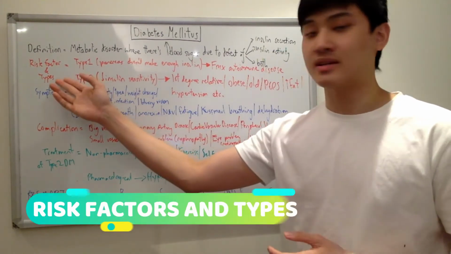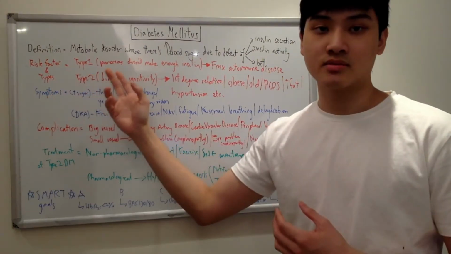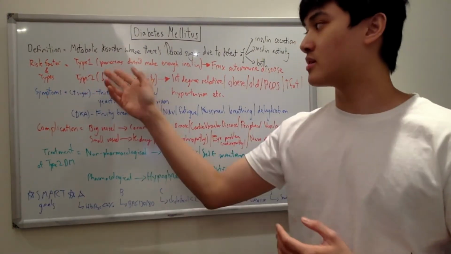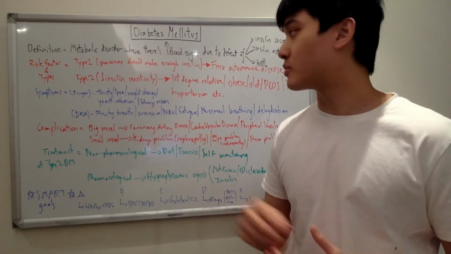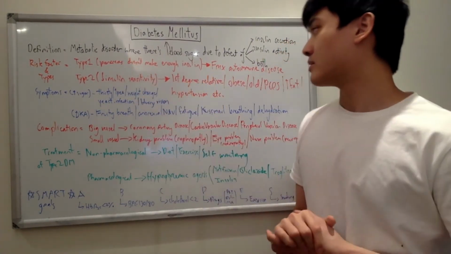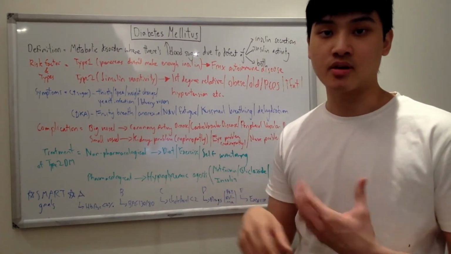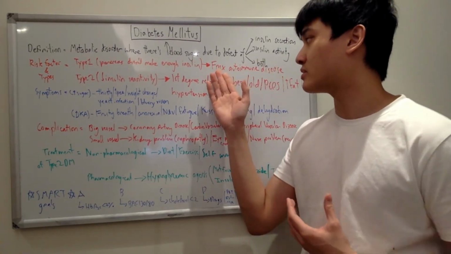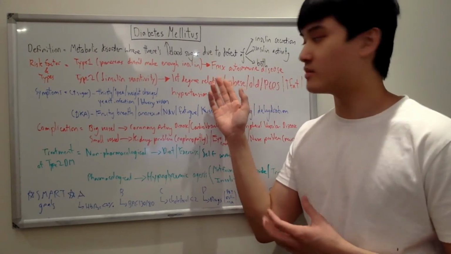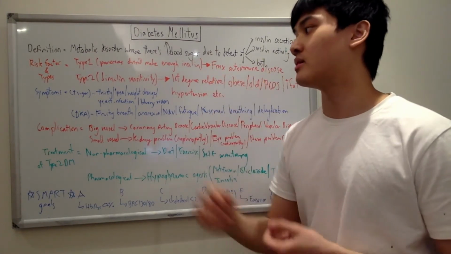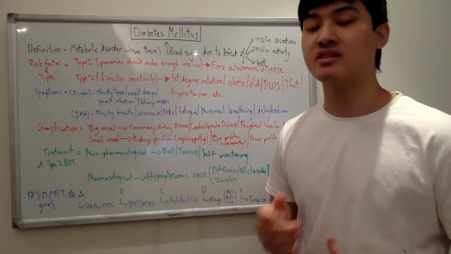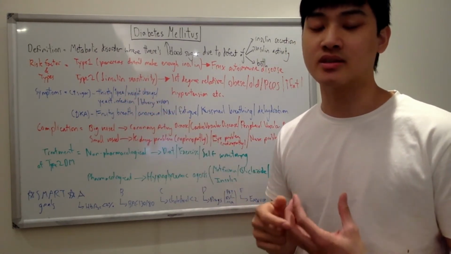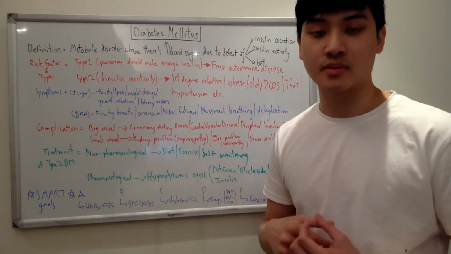So risk factors and types of diabetes. Type 1 and type 2. Type 1 is when the pancreas can't produce any insulin or the production is very limited. This is due to autoimmune problems, so a risk factor is a family history of autoimmune disease. Type 2 diabetes is when you have insulin, but there's no sensitivity to it, so you can't use the insulin to take the glucose out of the blood.